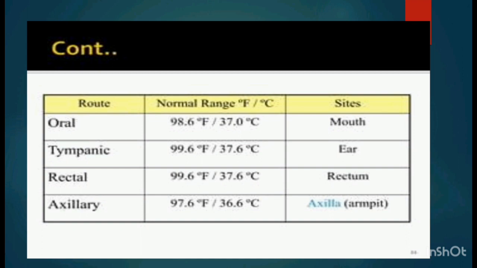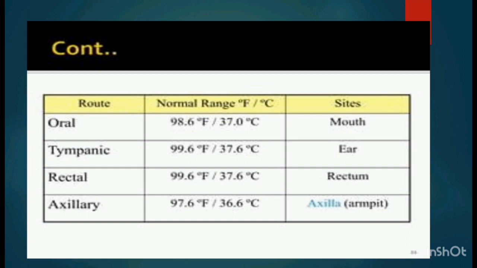So in this table there are different routes, normal ranges of temperature and sites of taking a temperature. In oral, the site of taking temperature is the mouth, normal range 98.6 degrees Fahrenheit, and 37.0 degrees Celsius. Tympanic membrane taking site is the ear, 99.6 degrees Fahrenheit, 37.6 degrees Celsius.